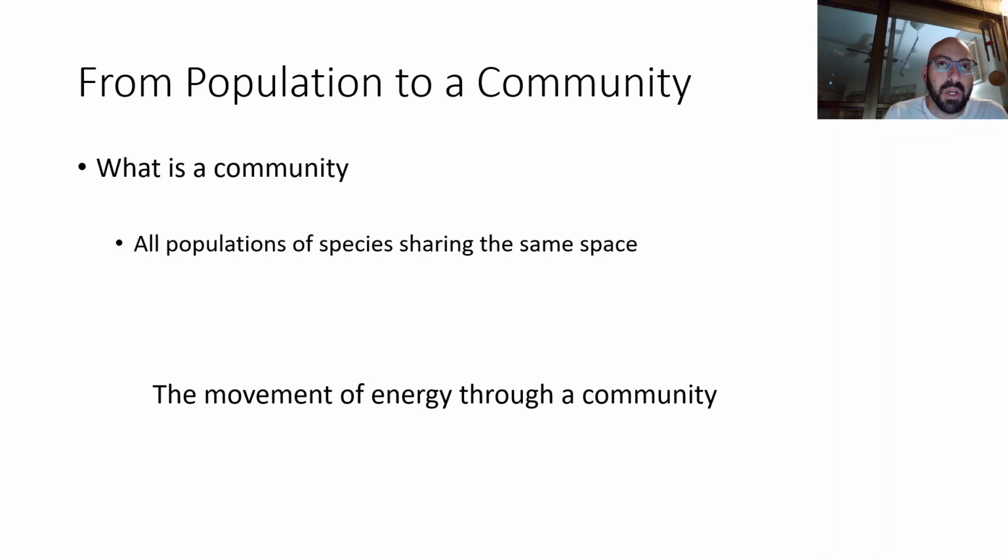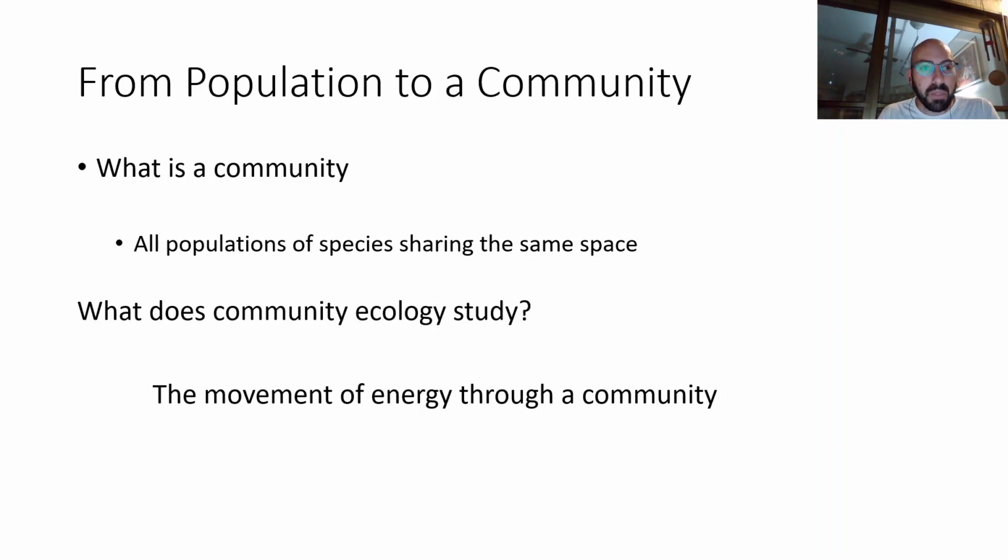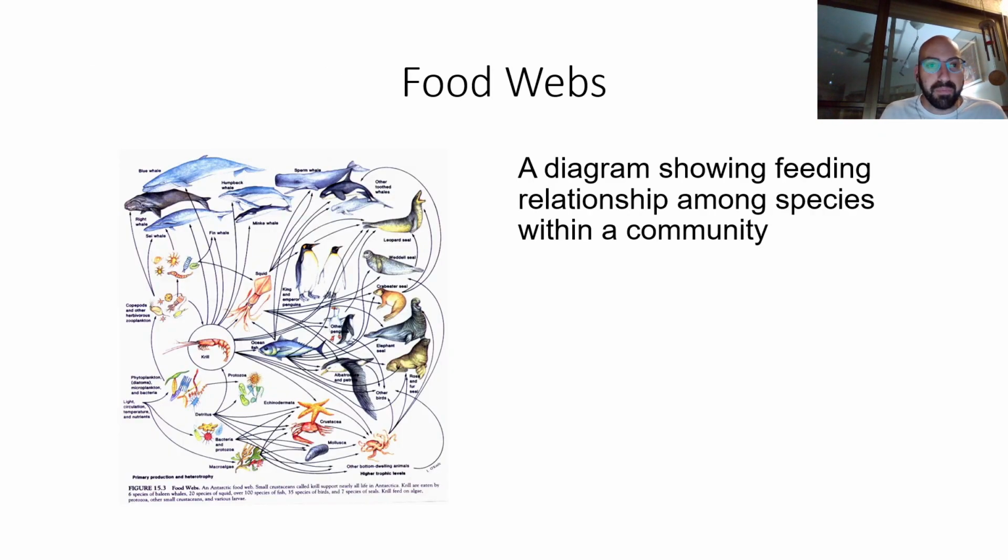So when we thought about how we measure a population, we talked about that a few weeks ago, what we end up having to do is actually consider how do we measure a community. And one of the things that we tend to think about is biomass, or the amount of energy that is stored in a system and the species that live within it. So again, what we study in community ecology, specifically, is that energy flow.